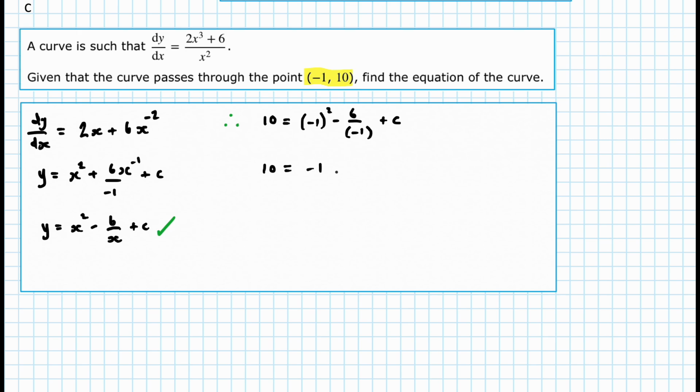So we end up with minus 1, nope, plus 1, be careful there, and then plus 6 as well. So just make sure those signs are correct. And of course 10 minus 7 is 3, so c equals 3, and then at the very end just rewrite your equation of the curve to make it clear for your examiner or to lead into the next question with confidence. So that's our introduction to indefinite integrals.